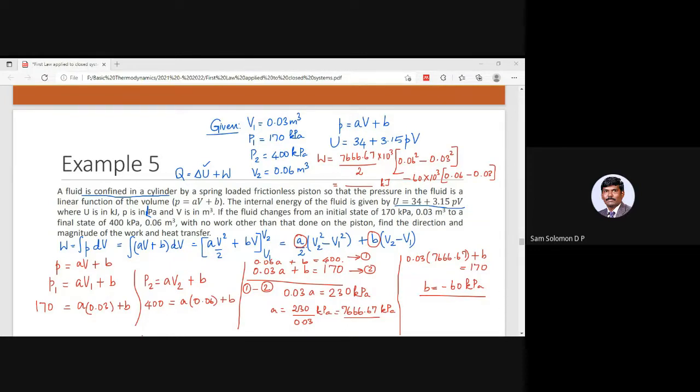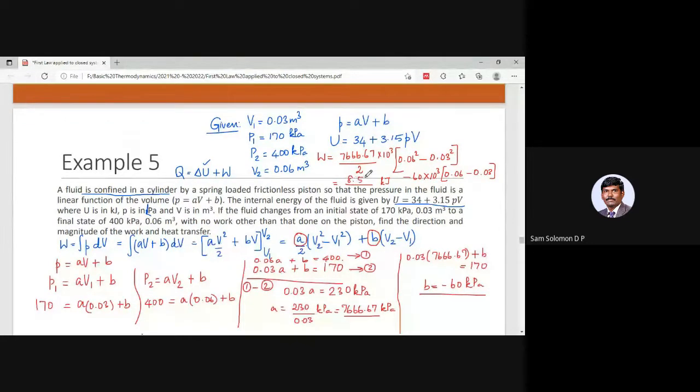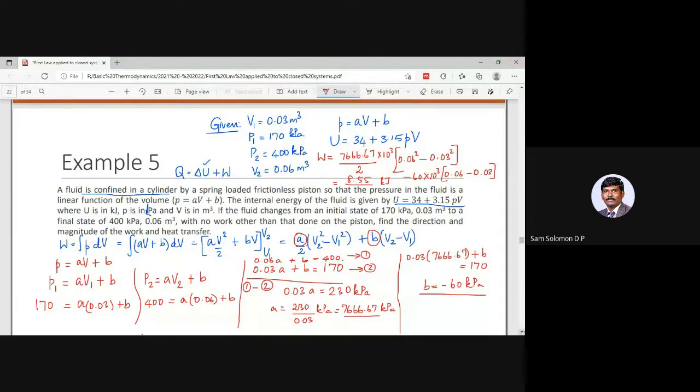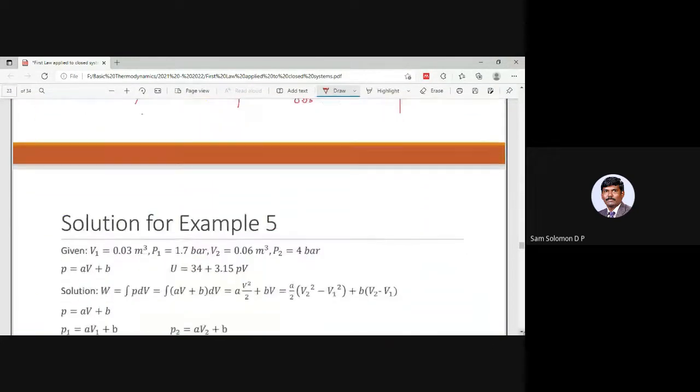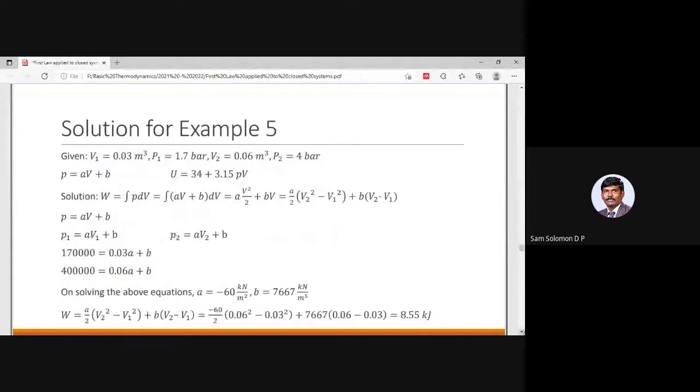So you are getting 8.55 kilojoule. I'm not sure if it is the correct answer, so let's see. 8.55 kilojoules. Yeah, that is what we are getting here also, 8.55 kilojoules. Okay, so we are able to get the work done.